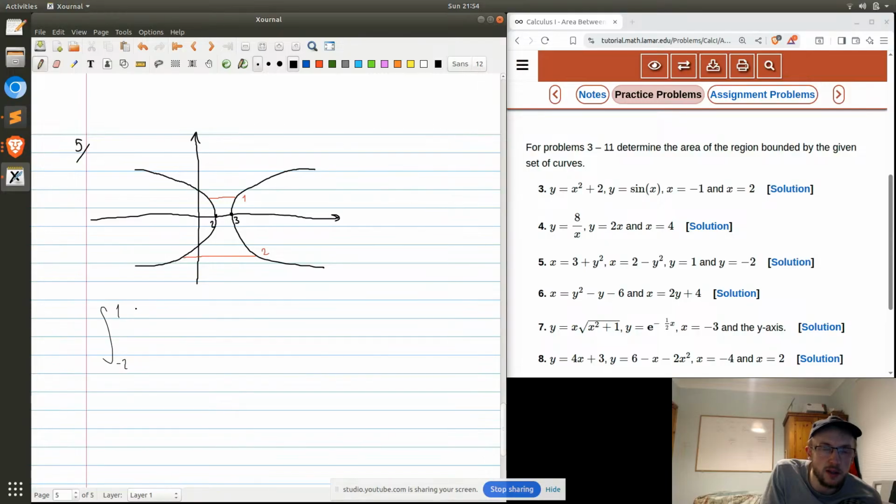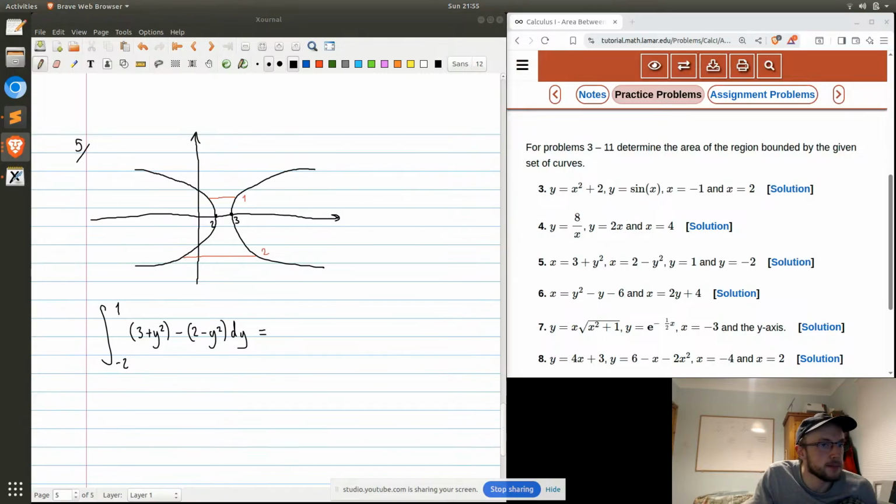And if it doesn't turn out to be right, then so be it. We learn from it and improve. Negative 1 to 1. That, take away that, dy. Negative 2 to 1, rather. Okay, so I shall do this.